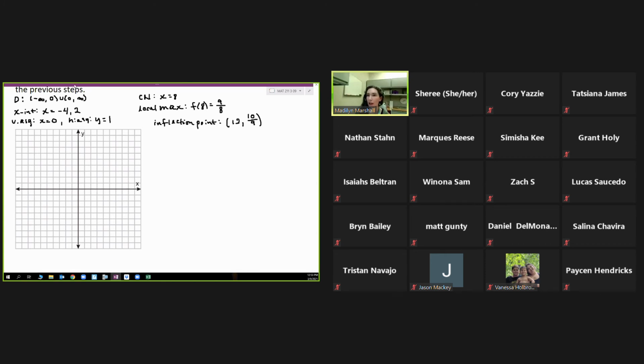So before even going to the increasing, decreasing, and concavity parts, we can put all of this stuff on our graph. So asymptotes are usually a good thing to start with. So we have a vertical asymptote at 0. And we have a horizontal asymptote at 1. And just planning ahead so that this graph is easier to read, our maximum is only 9/8, which is just barely over 1.